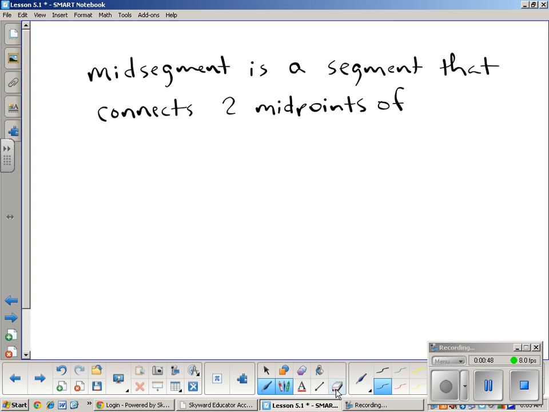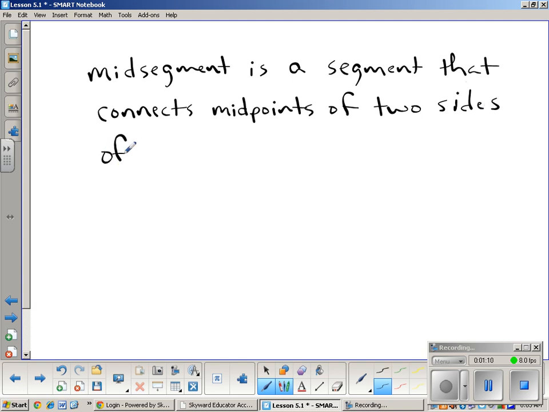Sorry, I'm going to change that. Connects the midpoints. I should expand that a little further.